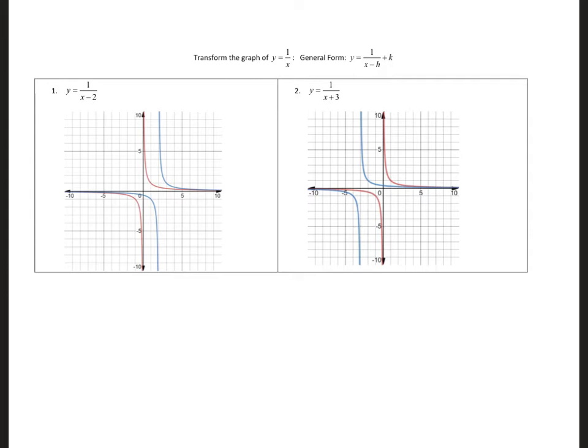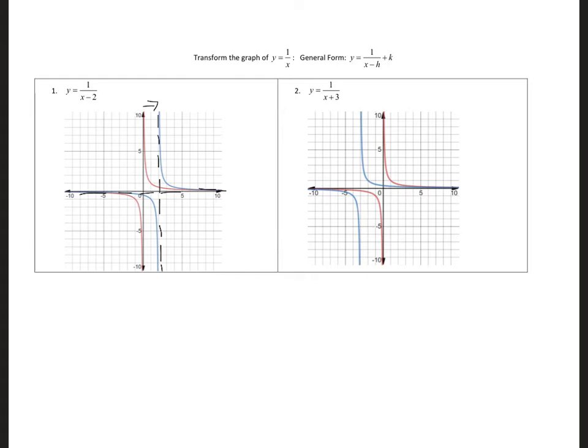Let me sketch it here. It seems the vertical asymptote is the only one which moved. The horizontal stayed the same. So the graph moved 2 steps to the right.